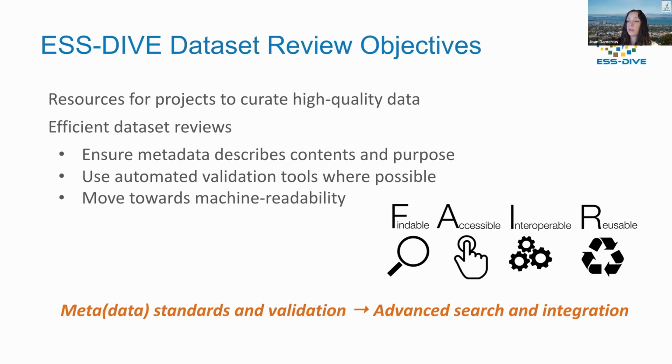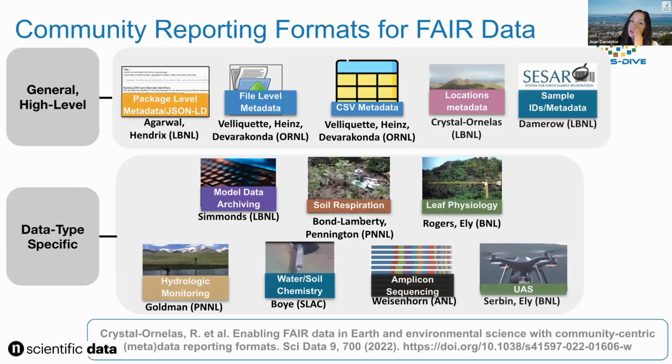So we want to use our metadata standards and automated validation to help with making our data set review process more robust and efficient while enabling advanced search and integration at the same time, given machine readable files.